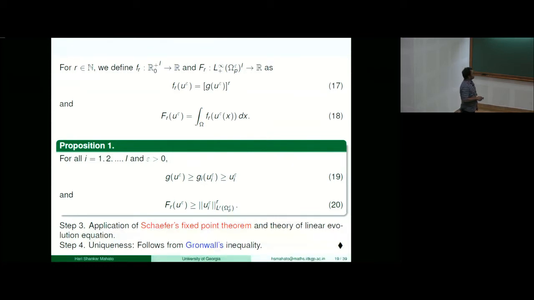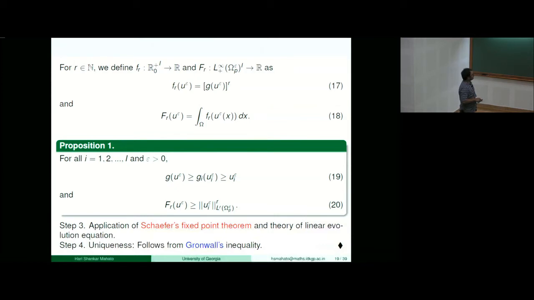Now this g is used to define a small f_r, and small f_r is used to define capital F_r. So that means if you take the rth power on both sides and use the integration sign, the left hand side will be your L^r norm on this domain omega epsilon, and the right hand side will be F_r of u epsilon.